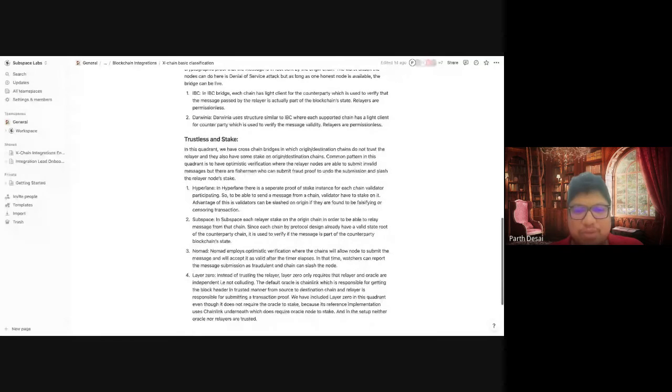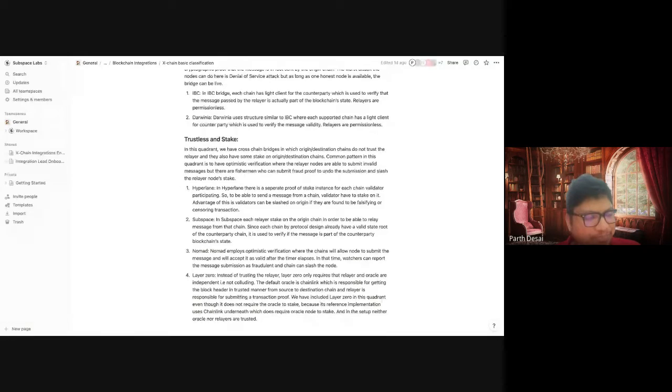So if we go by here, there are different architectures. Hyperlane is the newest one. I read about it. In Hyperlane, there is a separate proof of stake instance for each chain validator, and it uses optimistic verification. So your source chain and destination chain both have their own instance of validator, plus a specific application on a specific chain also has its own sovereign proof of stake validator.